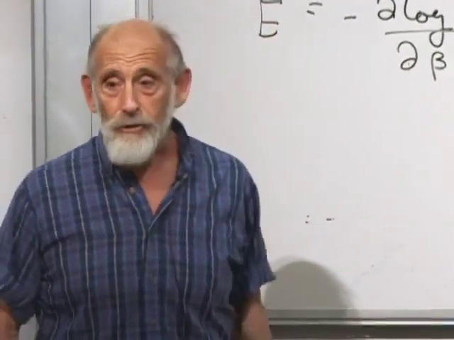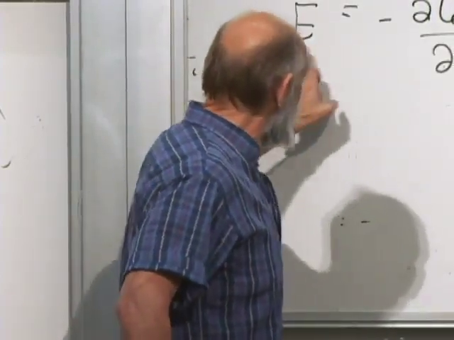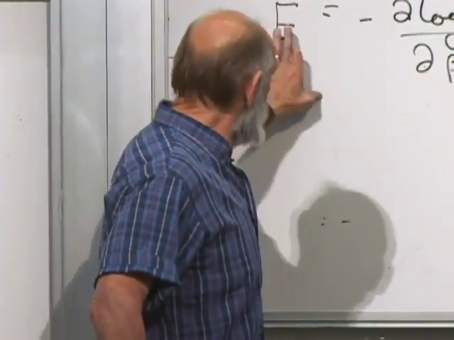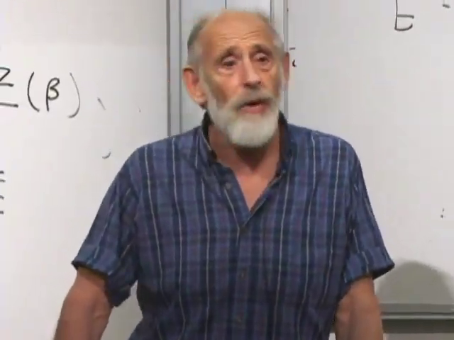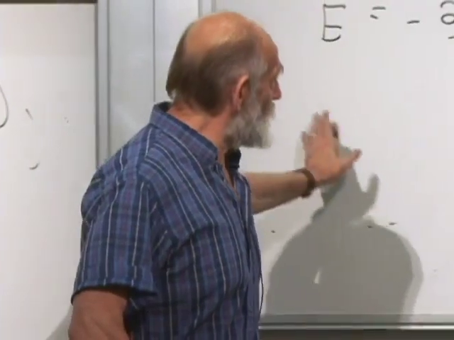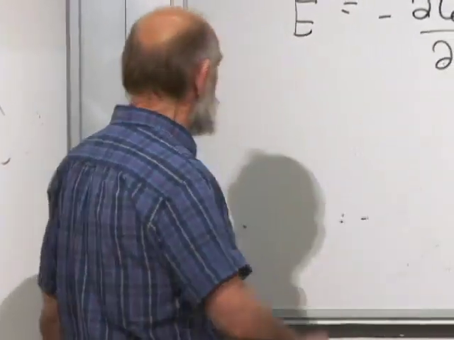In many examples, we actually won't want to invert this. We may know the temperature, in which case we may be more interested in finding the energy. In some cases, we may know the energy, and we may be interested in finding out what the temperature is at that energy.